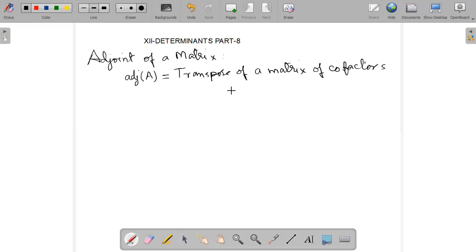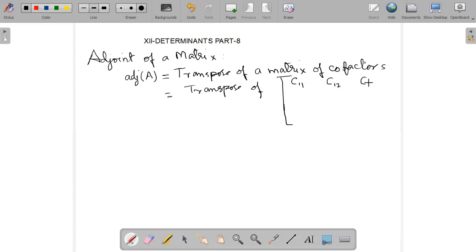What is the matrix of cofactors? We denote the cofactor by C, so we take the transpose of the matrix with rows C11, C12, C13, then C21, C22, C23, then C31, C32, C33.